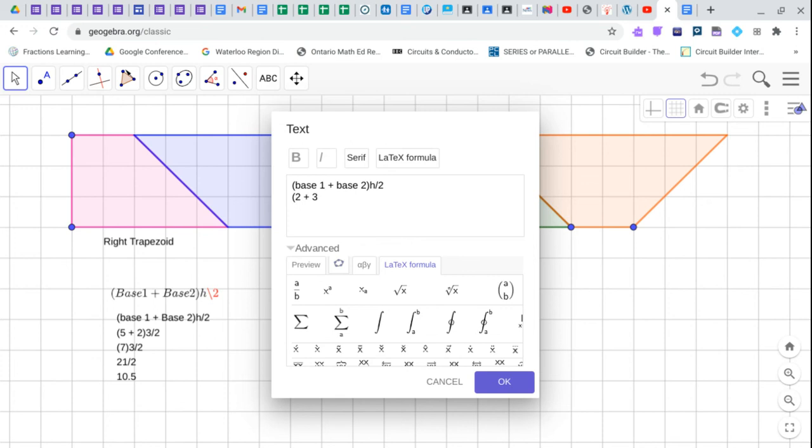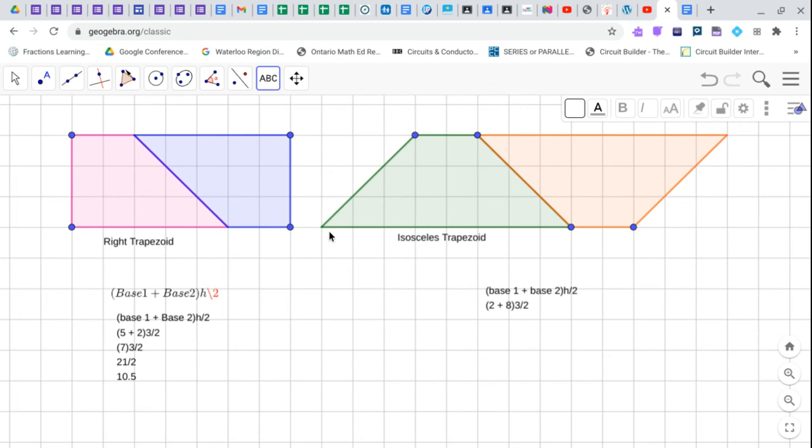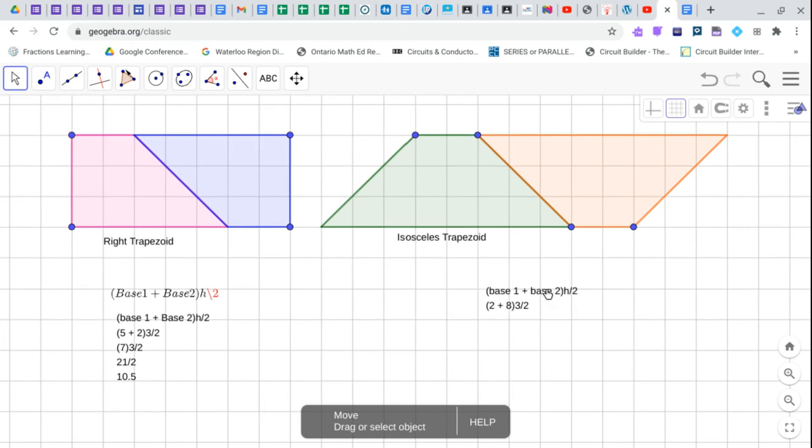It's hard to tell at this point, but we'll be able to see soon enough. 8 times the height, and the height is 1, 2, and 3 units, and then divided by 2. 1, 2, and 3. Let's hit OK. Let's just verify that, right? So the base is 1, 2, 3, 4, 5, 6, 7, 8. Okay, perfect. All right. So let's double click on that because I want to continue with this.